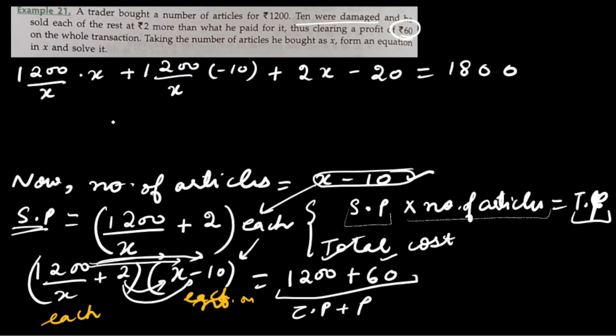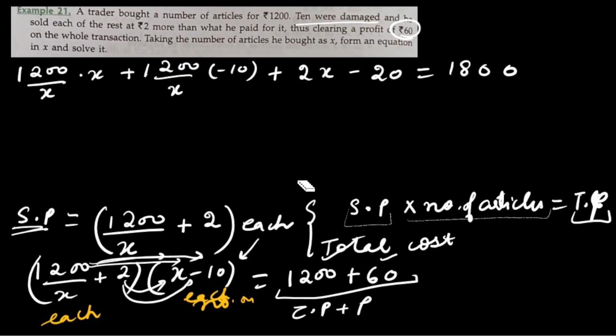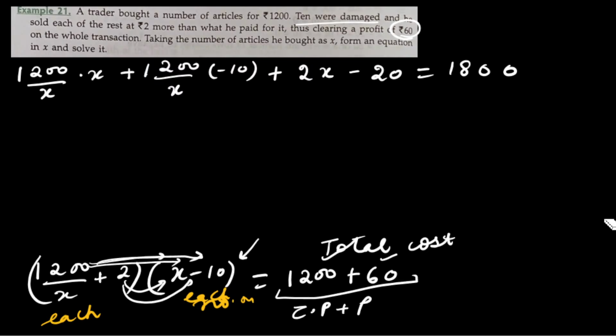Now we can just simplify. So here this x and x is cancelled.